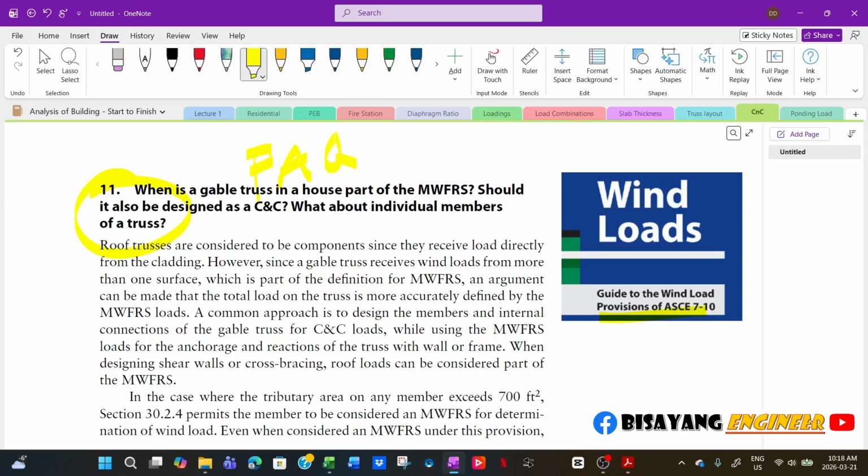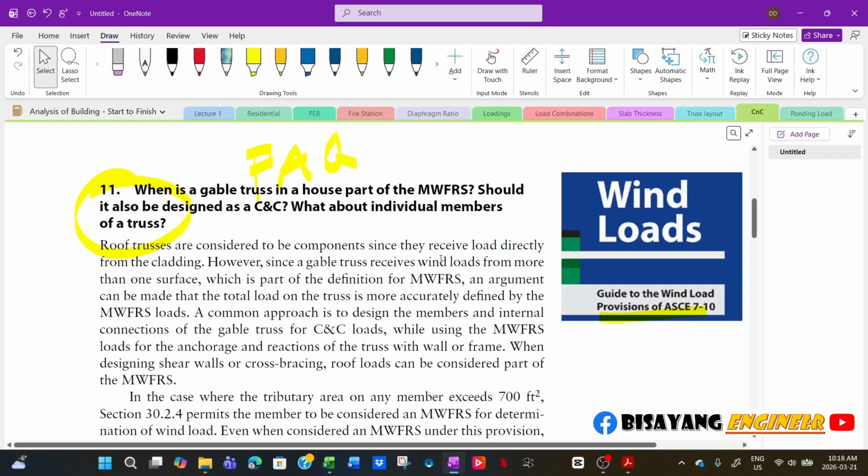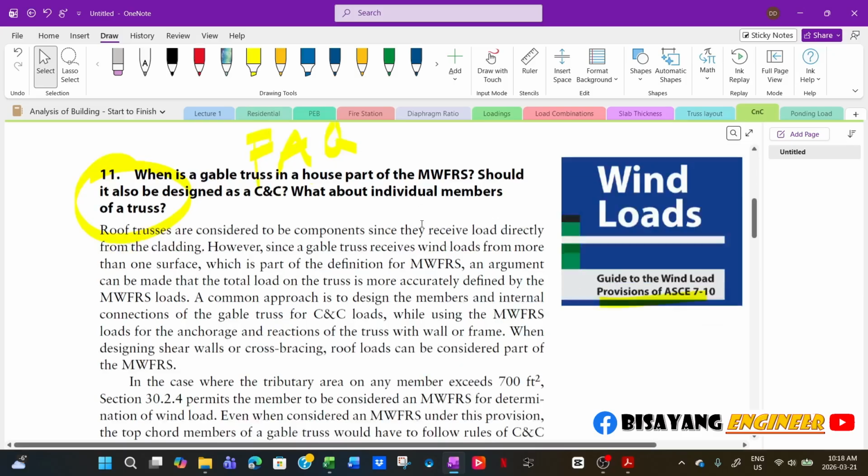I think there's already ASCE 7-22, but this is a really old copy, and I haven't put in the new design guide. So this one, the question is, when is a gable truss in a house part of the MWFRS?